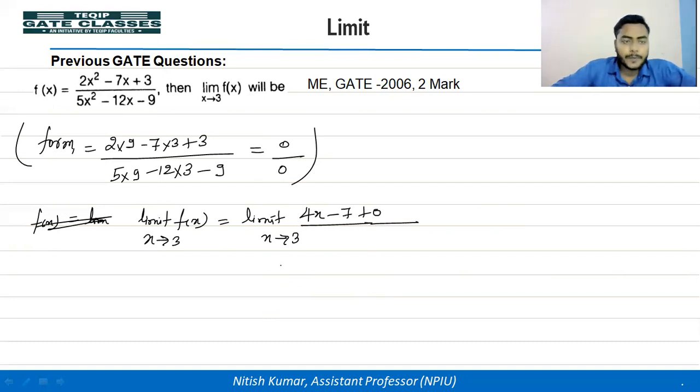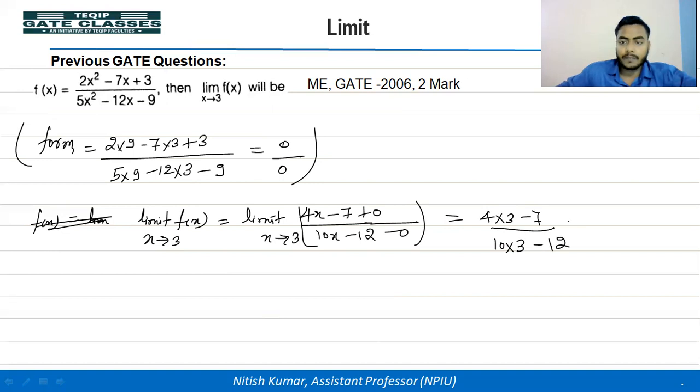What is the differentiation of a constant? 0. And in the denominator 10x minus 12. So this is not 0 by 0 form. So put the value x equal to 3. What are we getting here? 4 into 3 minus 7 divided by 10 into 3 minus 12. We are getting 5 in the numerator and then 18 in the denominator.